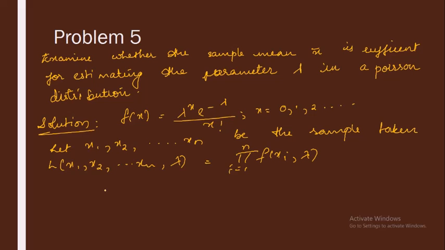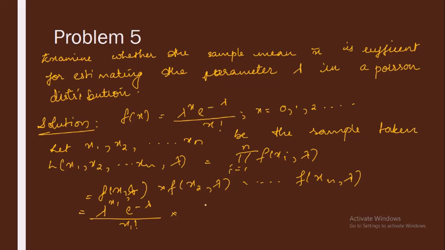Now you have to express this in terms of L1 and L2, right? So for that, this is equal to f of x1, lambda, multiplied by f of x2, lambda, etc., f of xn, lambda. What is f of x1, lambda? That is lambda raised to x1, e raised to minus lambda, by x1 factorial, multiplied by lambda raised to x2, e raised to minus lambda, divided by x2 factorial, multiplied by etc., multiplied by lambda raised to xn, e raised to minus lambda, divided by xn factorial.